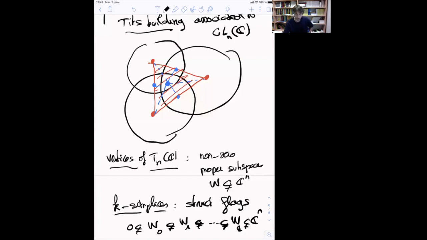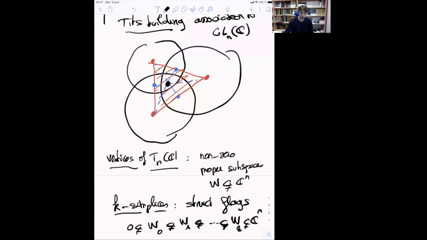So we have seen the vertices on the picture that they are associated to. The red vertices are associated to lines. Maybe I should write this one in black. The blue vertices are associated to subspaces that are spanned by two lines, and the black vertex is associated to the span of three lines, on the condition that these three lines still span a proper subspace.